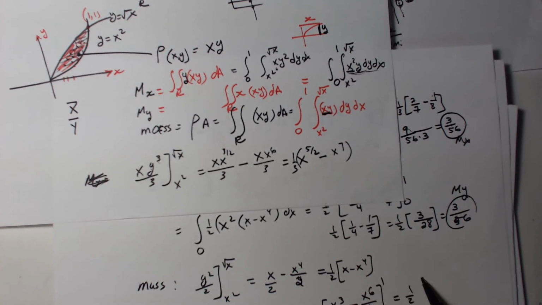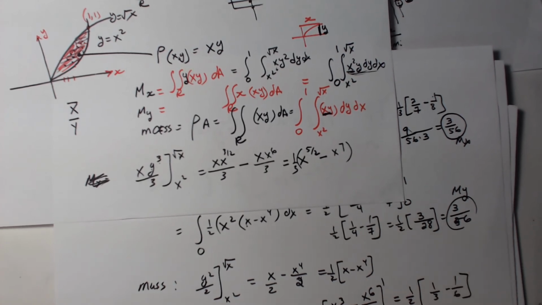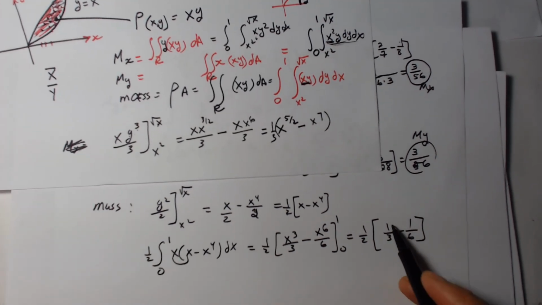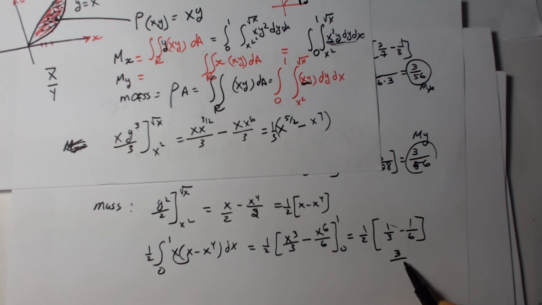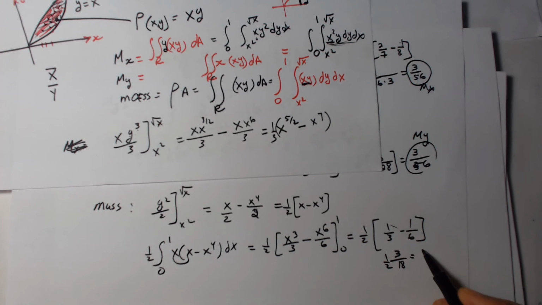That becomes 1/2 times 1/3 minus 1/6, which is 6 minus 3 is 3 over 18 times 1/2, and that becomes 1 over 12.